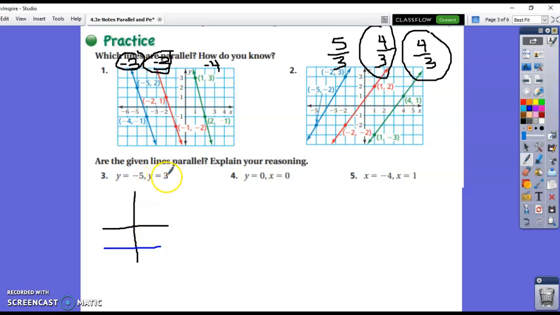And the second equation is y equals 3, and that's going to be up here. So you can see that those are two horizontal lines, and so they are going to be parallel. Both of those slopes are going to be 0, so they have the same slope. Sorry, that's bad handwriting. Slope is 0.